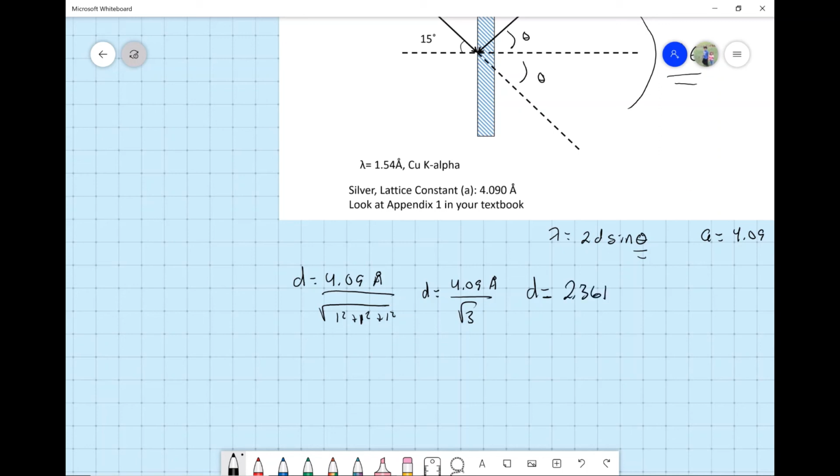All right, so we have D, we have lambda, and we have to solve for theta. So sine theta equals lambda over 2d.